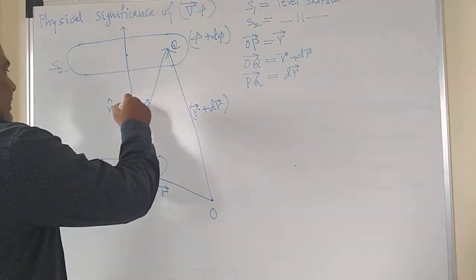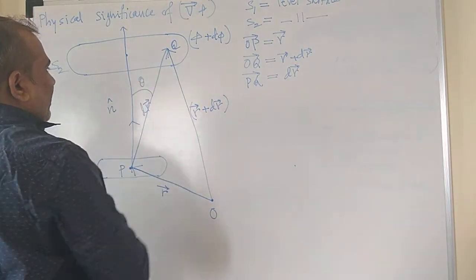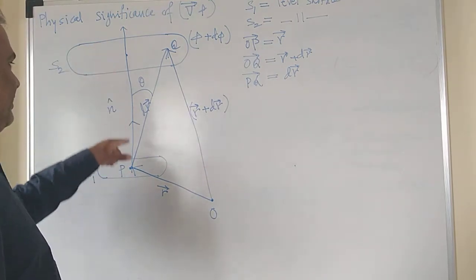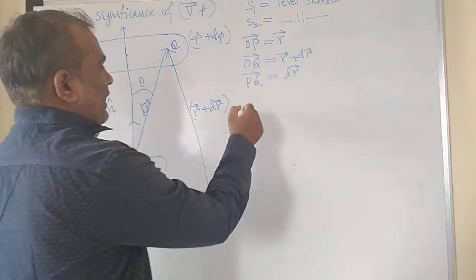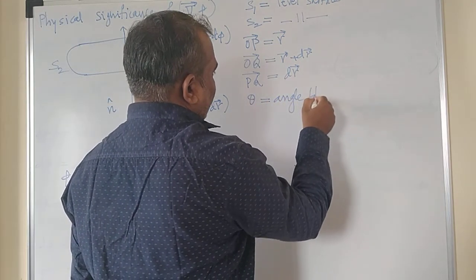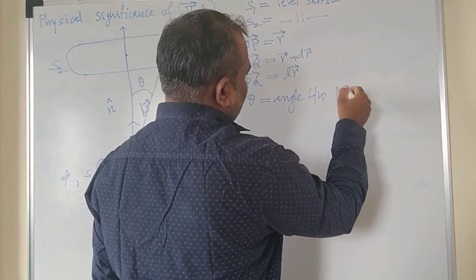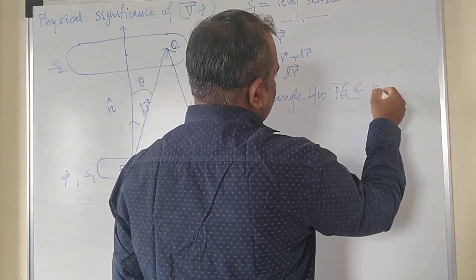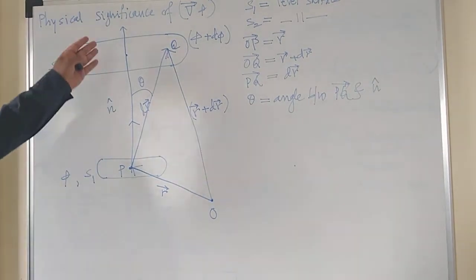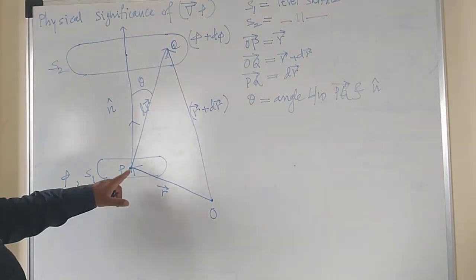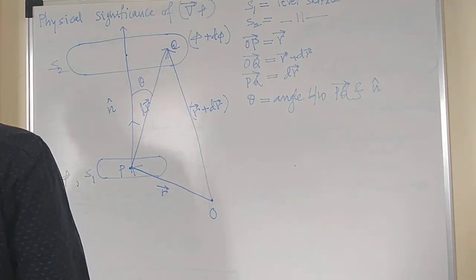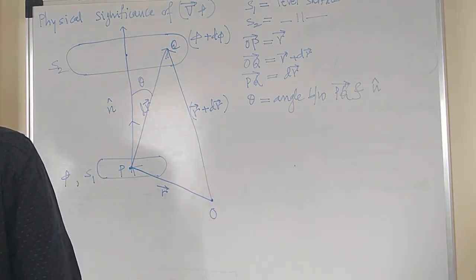And let us say theta is the angle between PQ bar and unit normal vector n bar, which is normal to the level surface S1 at point P. Got it?